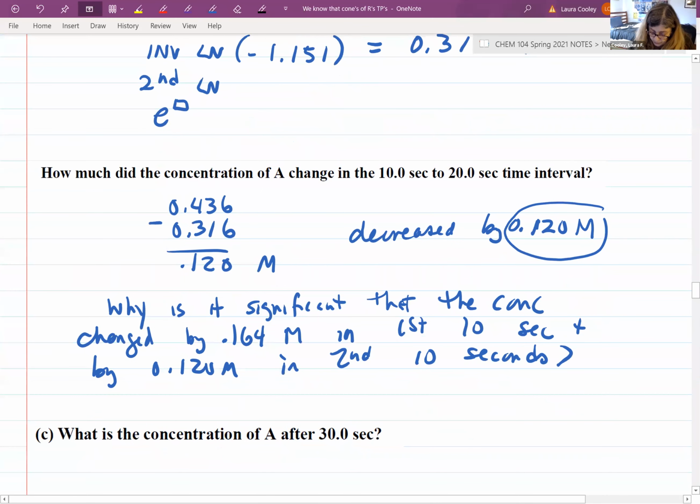The reason that's significant is because the rate must be slowing down, because you lost less of the initial reactant in the second 10-second interval than in the first. So it's definitely slowing down.